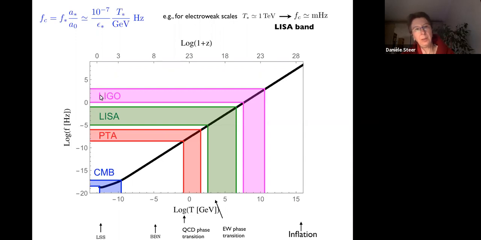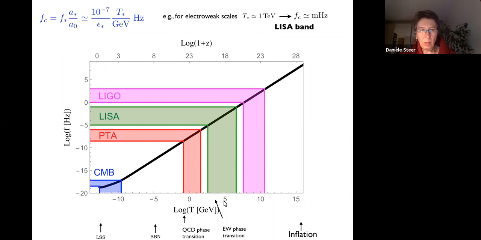So there's LIGO, of the order of the hertz, LISA of the order of millihertz, pulsar timing array, which I'll mention, and I think you'll have heard about in other lectures, and also the CMB, which we can use to put constraints on gravitational waves, as a function of the characteristic temperature.